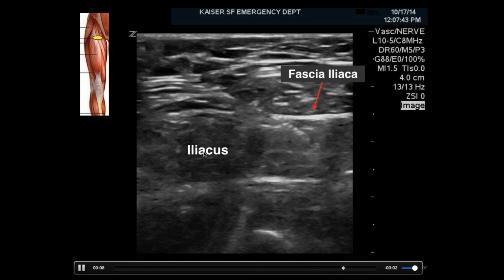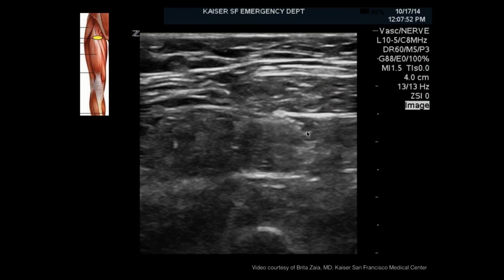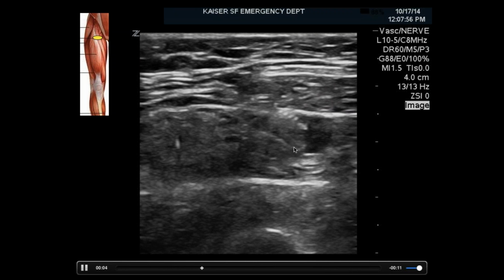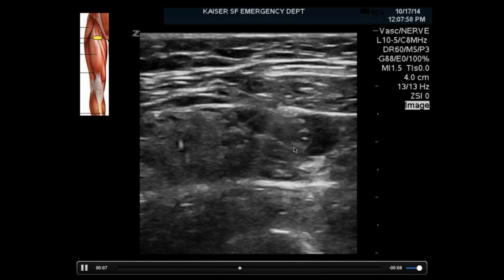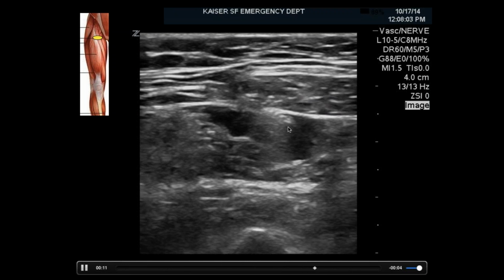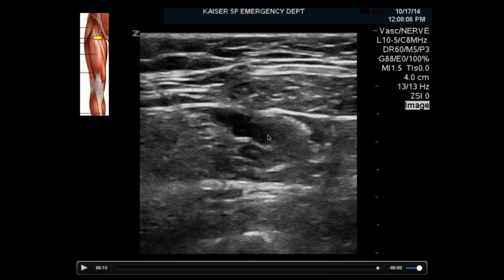The iliacus is demonstrated here, and you're going to see hypoechoic or anechoic spread of local anesthetic, and that pushes this down, and you're under the fascia iliaca here. So she's opening up what was previously essentially a potential space in this fascial plane, such that the nerve then eventually becomes blocked when the anesthetic diffuses around it.